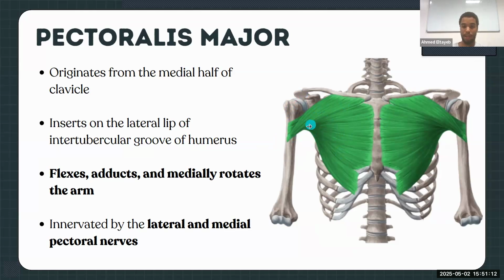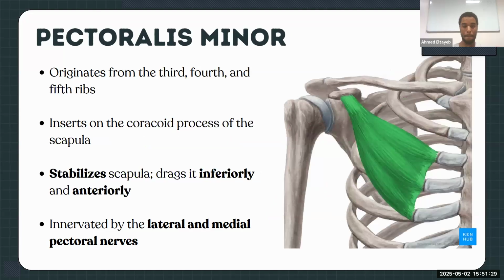Again, flexion, bringing the arm up, adduction, bringing the arm towards the midline, and medial rotation of the humerus. The pectoralis major is innervated by the lateral and medial pectoral nerves. Again, it's in the name, it's kind of common sense.